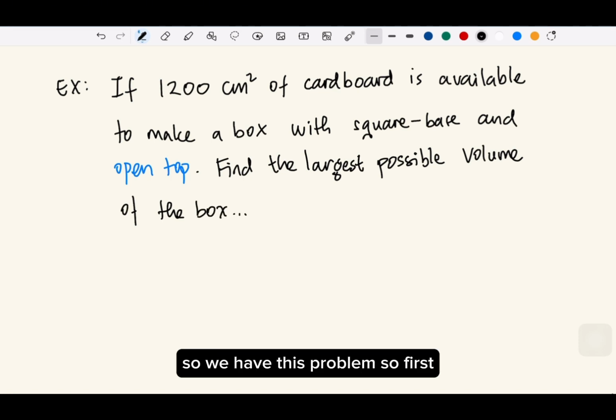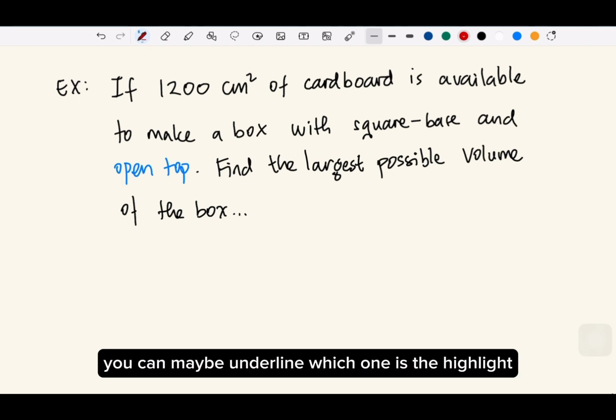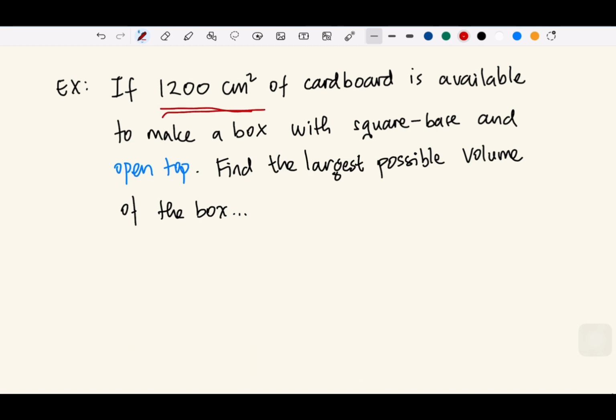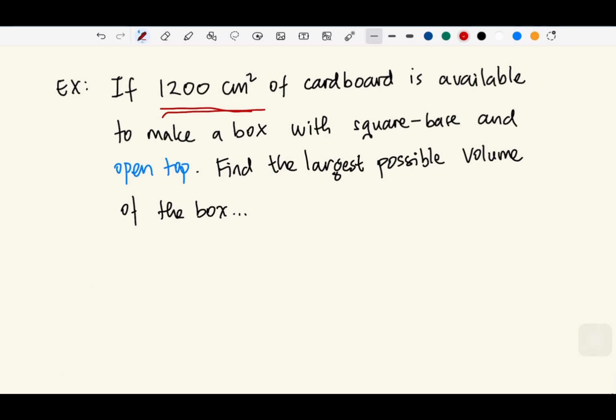So we have this problem. First, you can underline the highlighted points. The first is the limitation, or constraint. We have only 1,200 of cardboard, which means that if you want to make a box, the only way is to cut from this 1,200, right?